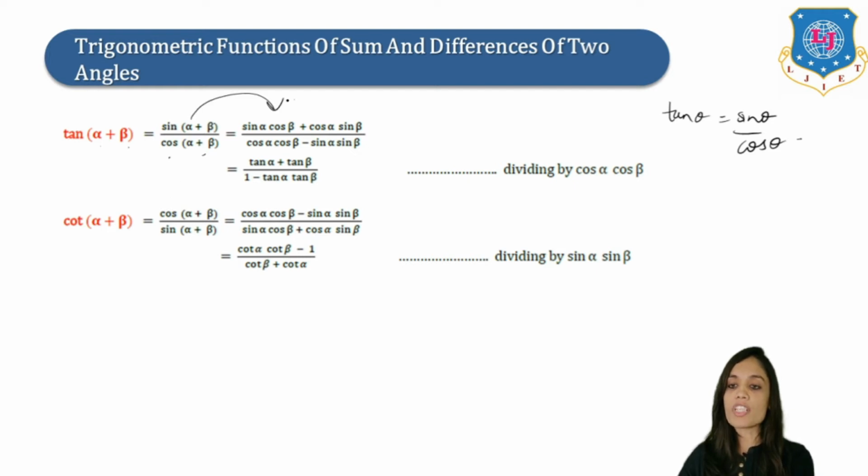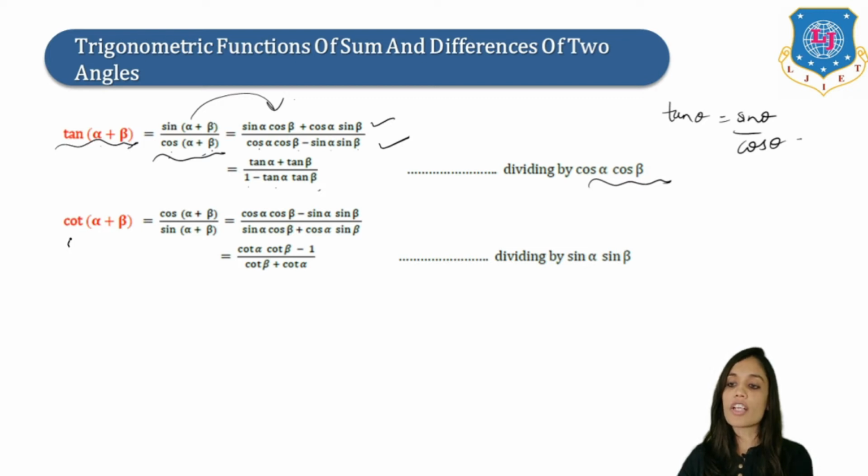Now write the formula of sin(alpha plus beta), that is sin alpha cos beta plus cos alpha sin beta, upon the formula of cos(alpha plus beta), which is cos alpha cos beta minus sin alpha sin beta. Now we will divide the numerator and denominator both by cos alpha cos beta. So you will get tan alpha plus tan beta upon 1 minus tan alpha tan beta. So this is the formula of tan(alpha plus beta).